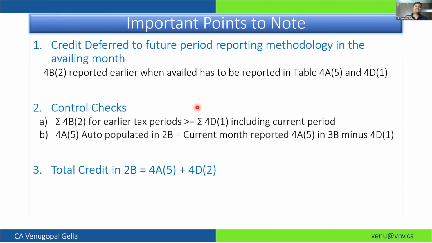Today's GSTR 3B is not a fully carved out form handling all the situations. Given that there is no circular, given that there is no guidance on this aspect, I would request that we do it in the best possible way, the right way. And rule 42 permits you to re-avail the credit which you have excess reversed.